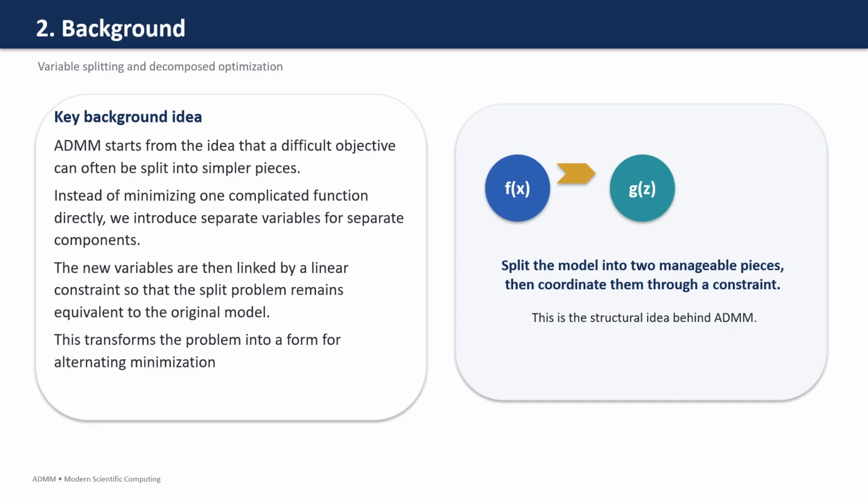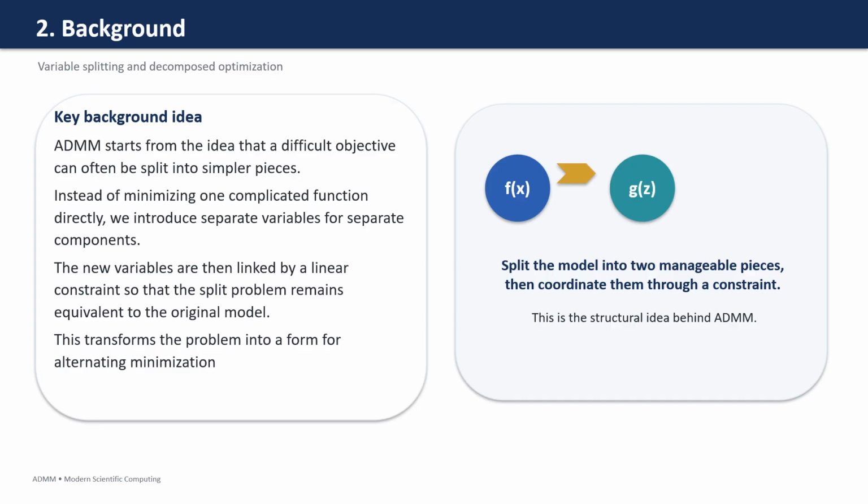If you apply a direct optimization method, it would need to handle both parts simultaneously. This can prove to be very difficult because obviously the smooth part and the non-smooth part often require different numerical tools in the algorithm. Variable splitting solves this issue by introducing two variables into the algorithm.